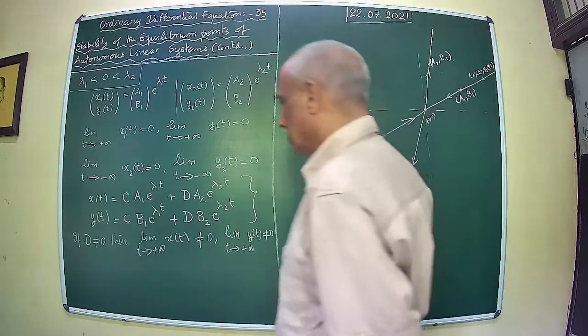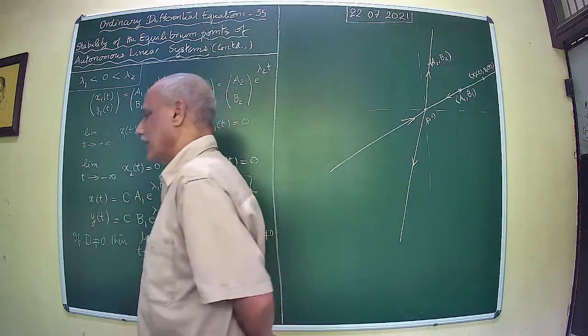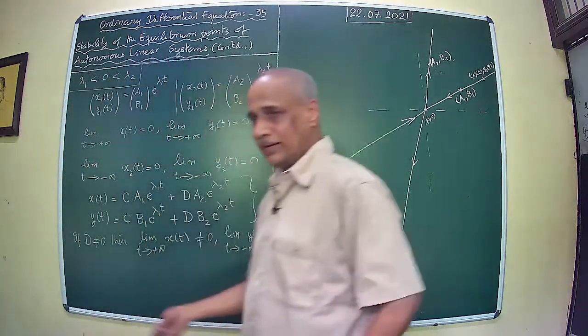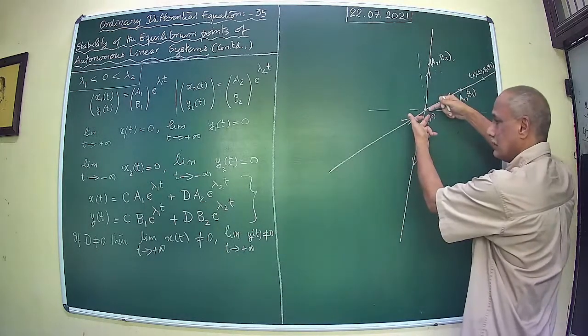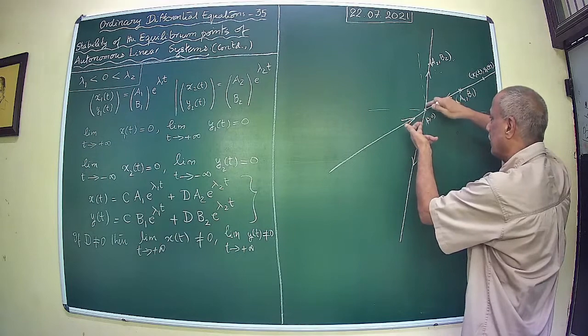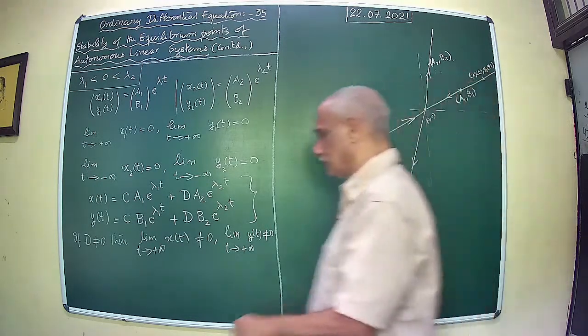If d is not equal to 0, this is not so. So you see that, except these two characteristics, no other characteristic ever enters or approaches (0, 0).